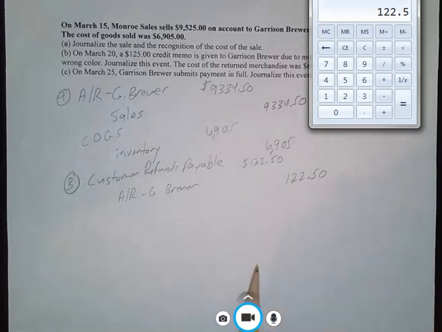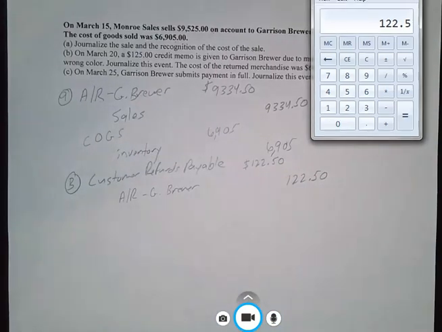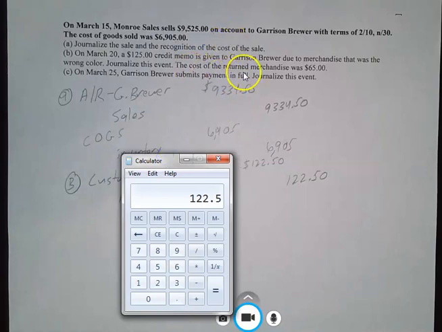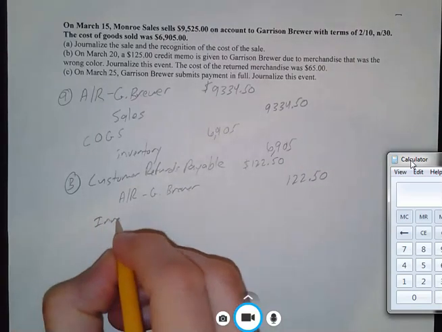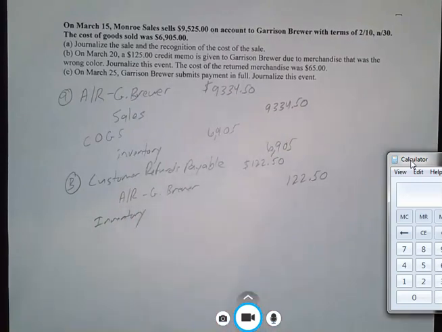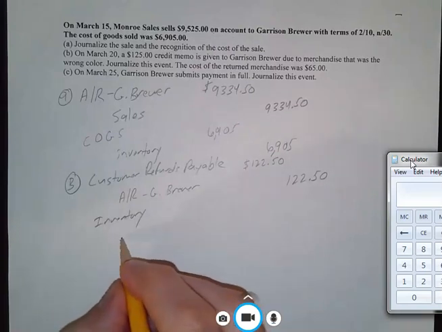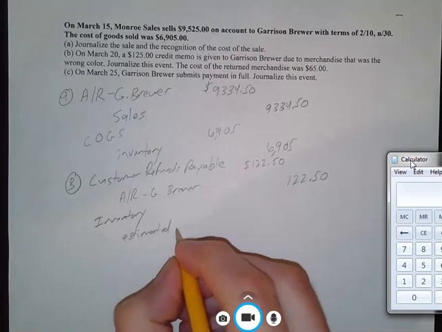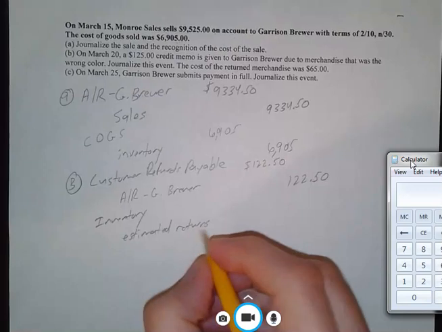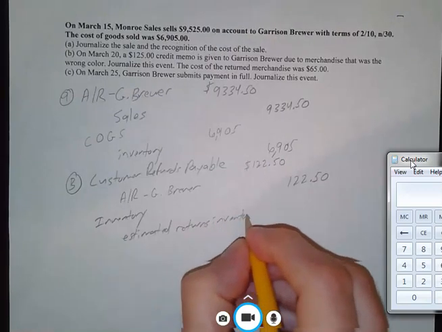It also says up here in our set of facts that the cost of the returned merchandise was $65. So we're not completely done yet. We're going to take this inventory back because, remember, there was nothing wrong with it. So we're just going to debit our inventory and we're going to credit estimated returns inventory.